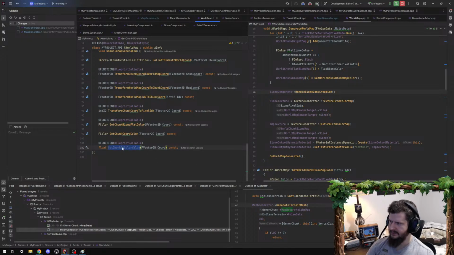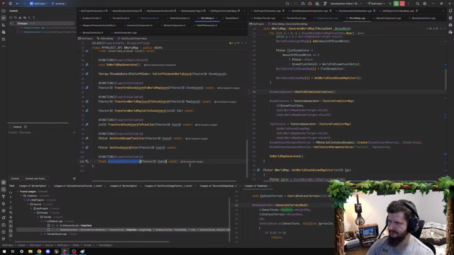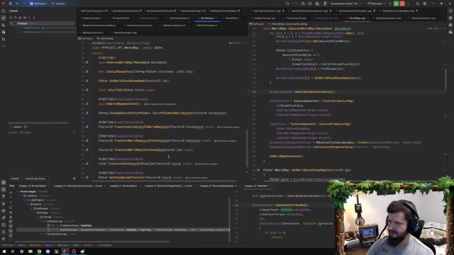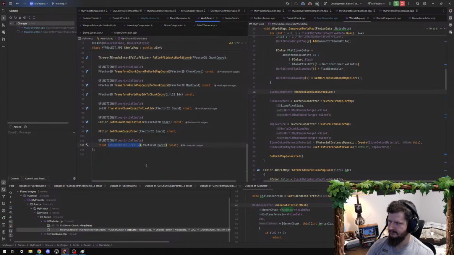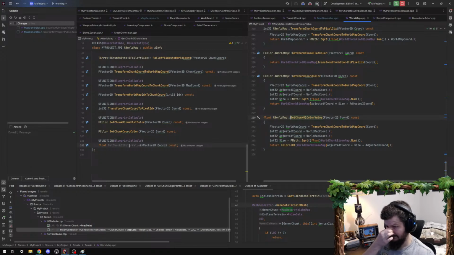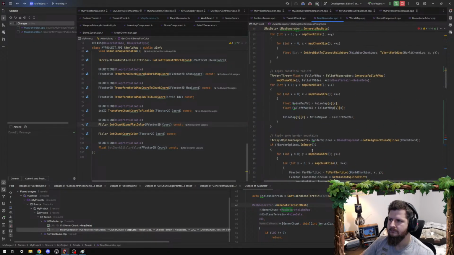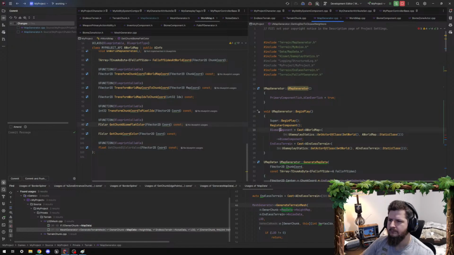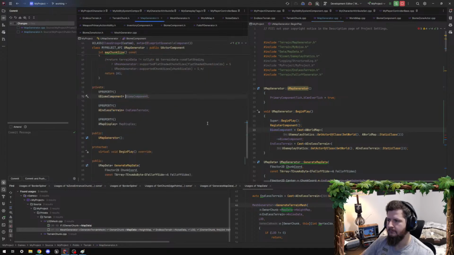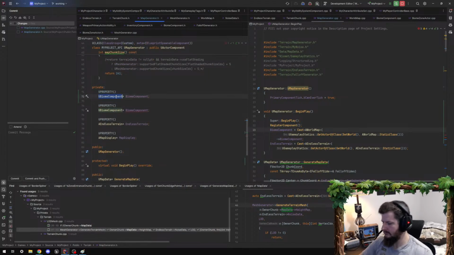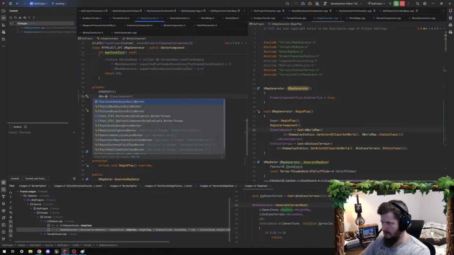Yeah, so this is actually the altitude right here. A world map.